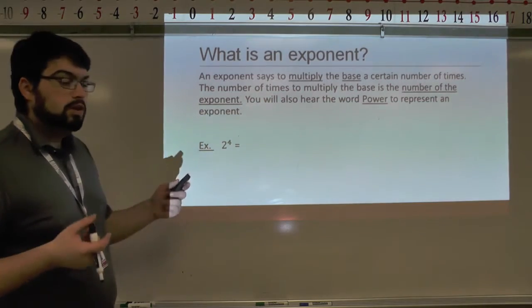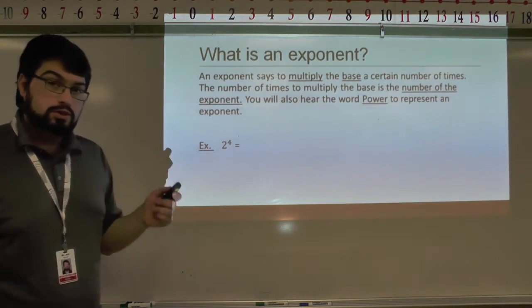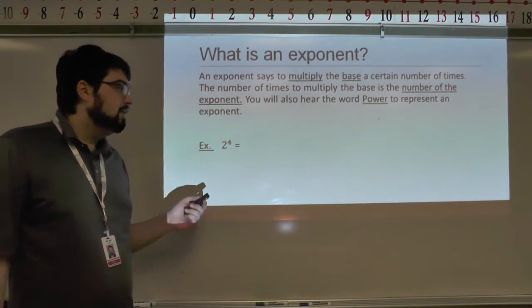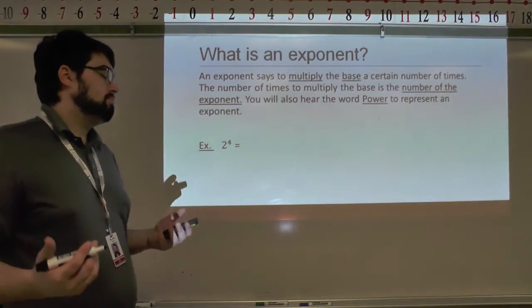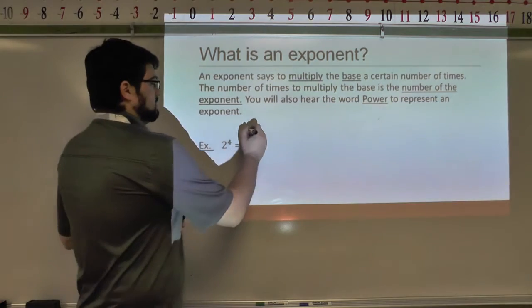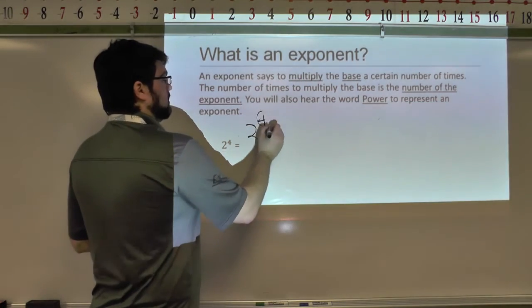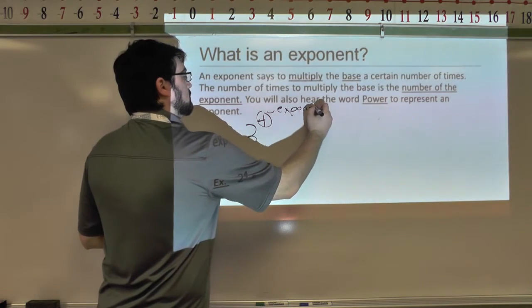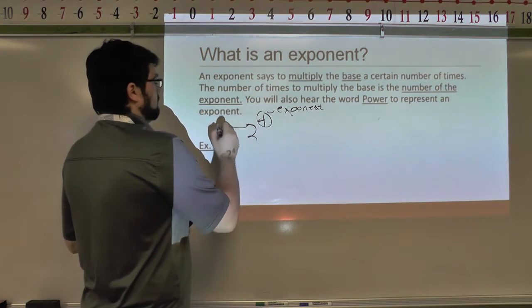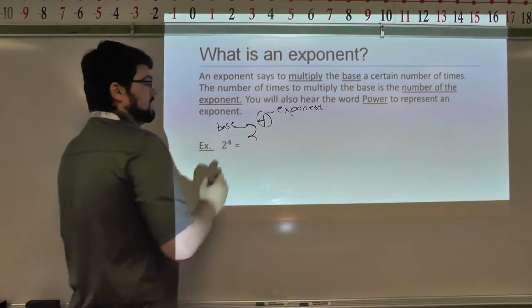So, looking here, we have 2 to the 4th power. Now, there isn't a special name for 2 to the 4th, so we're just going to say 2 to the 4th power. So if I'm going to write this, here is the exponent, and here is the base.